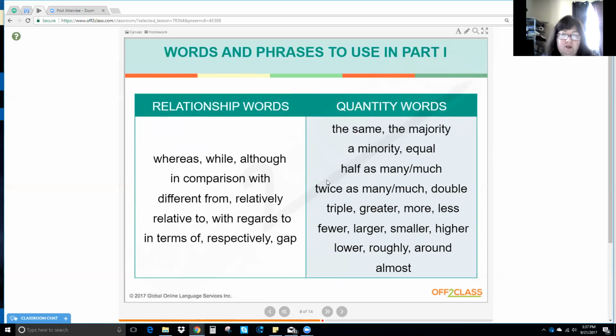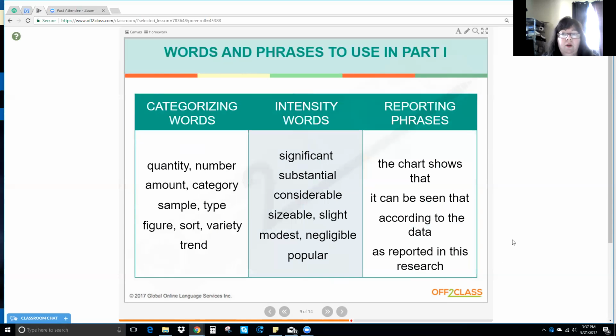And so if you don't understand what any of these words mean, and you're not able to figure that out on your own, or you're not sure when to use many or much, this is the kind of thing you want to discuss with your teacher. These are the things that we can help you with.